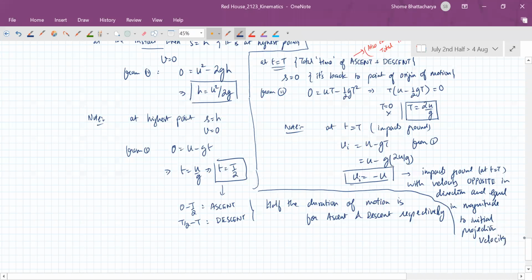Okay, so whatever speed with which you threw it up, it should return back to the ground at that same speed, but obviously the direction opposite.